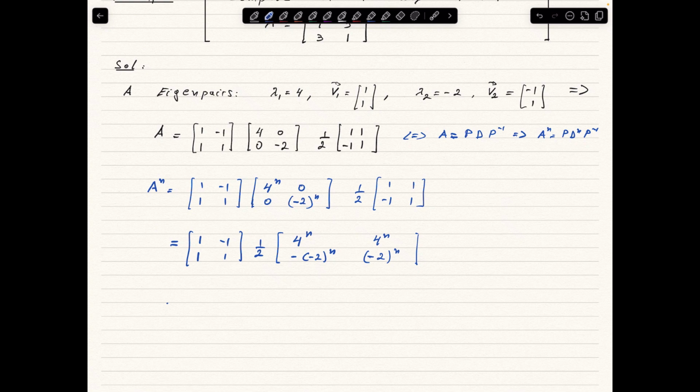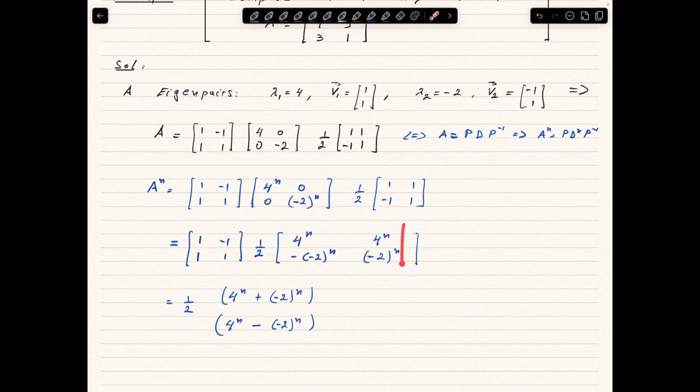And then we need to do the last product, and we are going to leave it as we get it. 1 is going to multiply that coefficient, and negative 1 is going to multiply that, so the negatives are going to cancel out, and we are going to have 4 to the power n plus negative 2 to the power n. This is going to be our first component. Then the second component is going to be 4 to the power n minus 4 to the power n minus negative 2 to the power n.